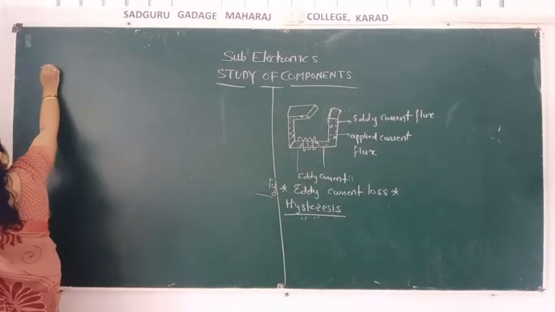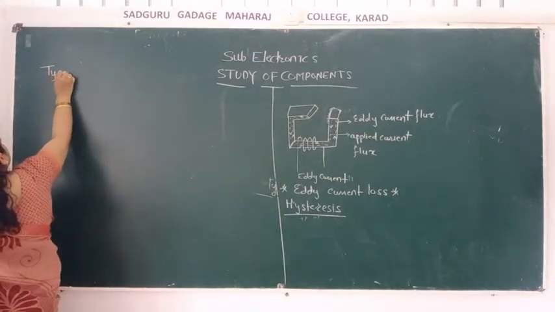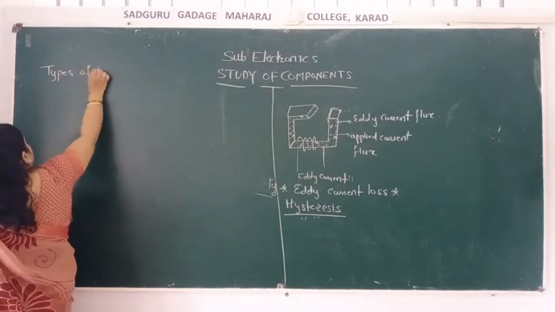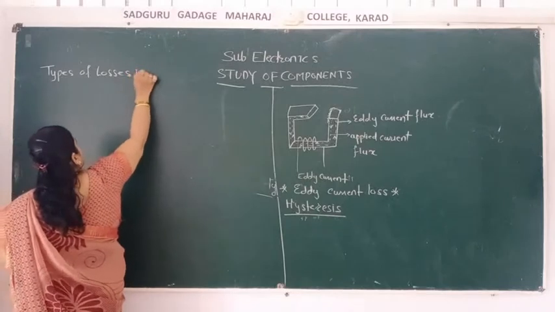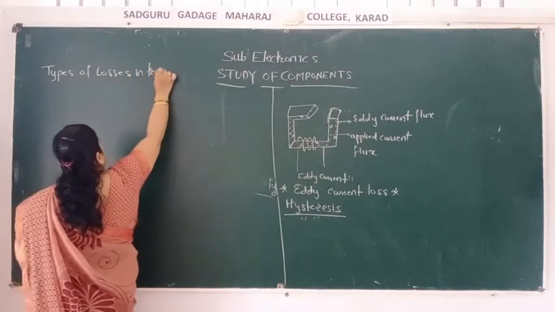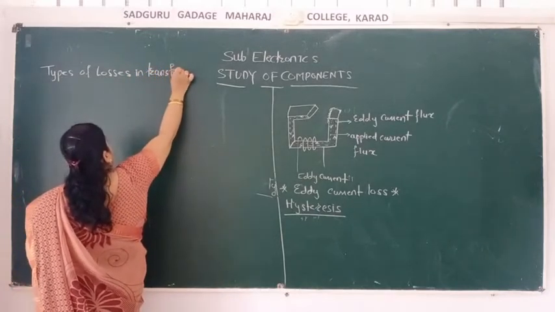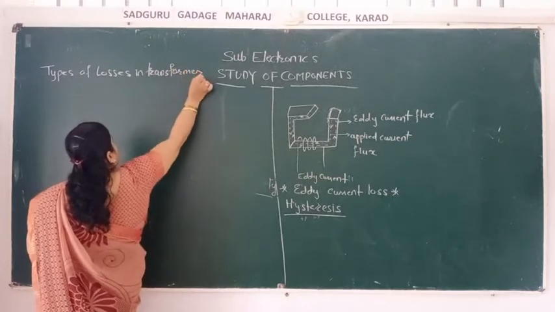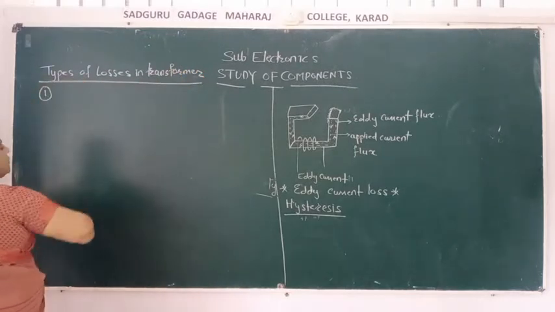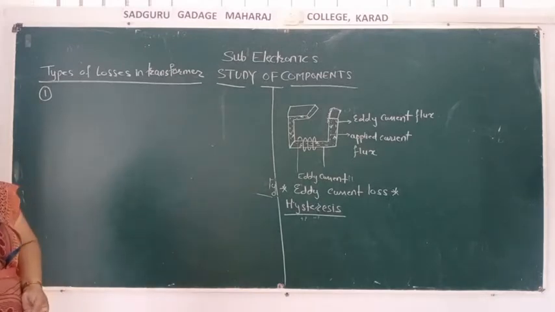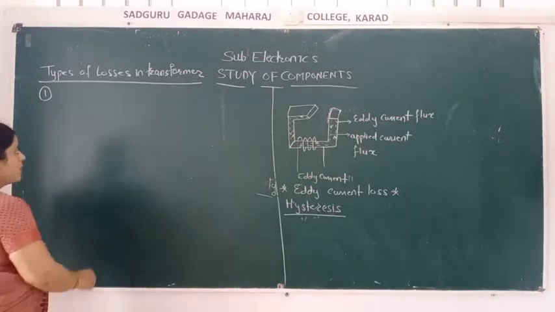Types of losses in the transformer. The first type of loss in the transformer is the copper loss.